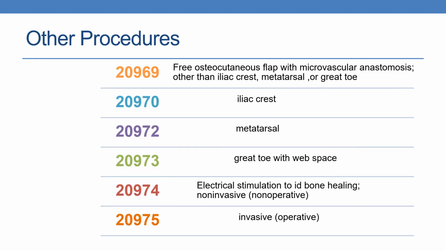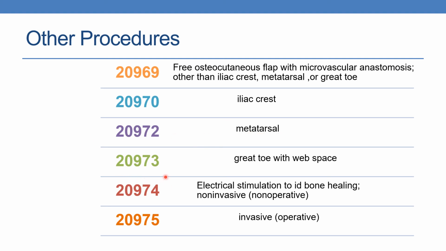The next CPT is 20969, free osteocutaneous flap with microvascular anastomosis other than iliac crest, metatarsal or great toe. The next is 20970, free osteocutaneous flap with microvascular anastomosis, iliac crest. The next is 20972, free osteocutaneous flap with microvascular anastomosis, metatarsal.